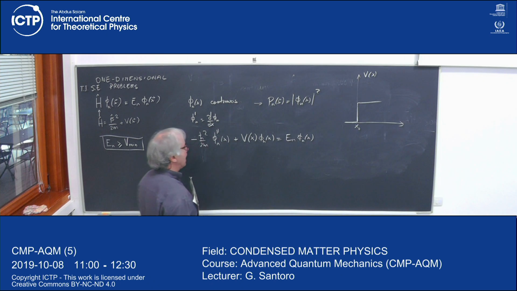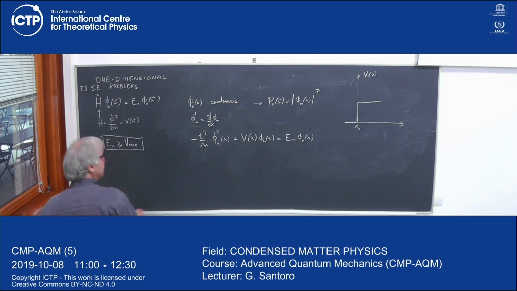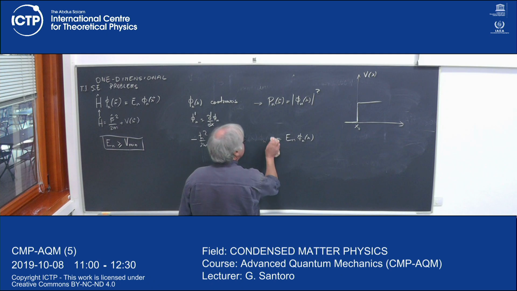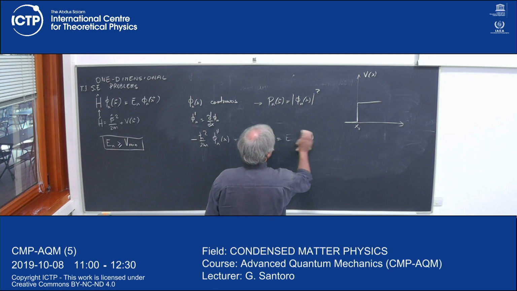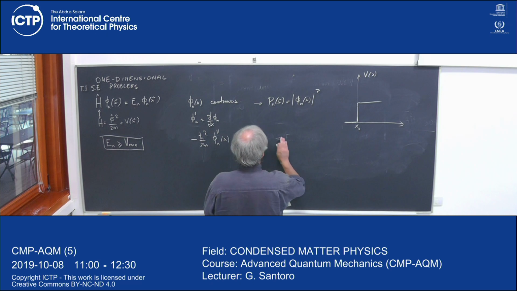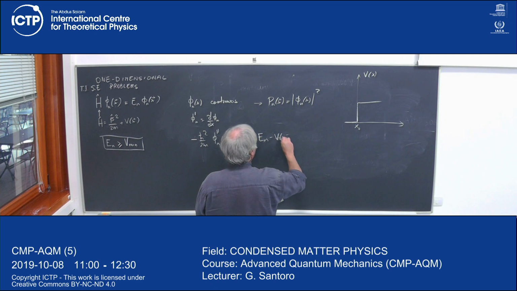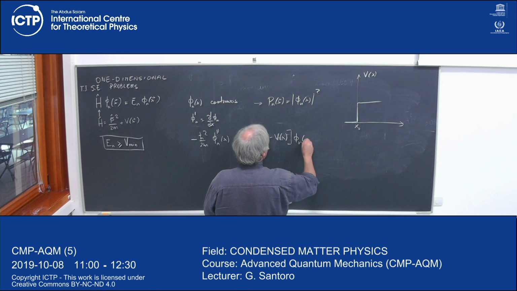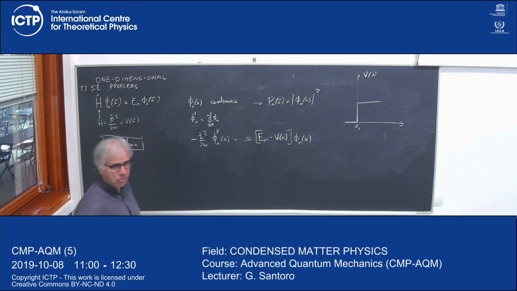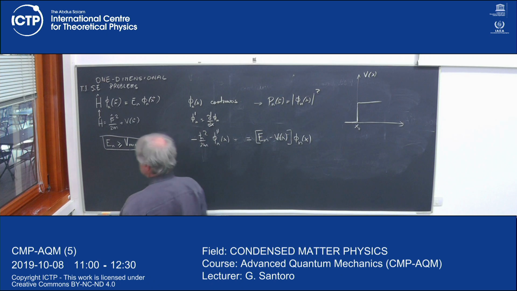Now, let me do one thing. I bring the potential part to the other side, and I write it like this: E n minus V of x, phi n of x. Here, I just brought the potential part on the right.